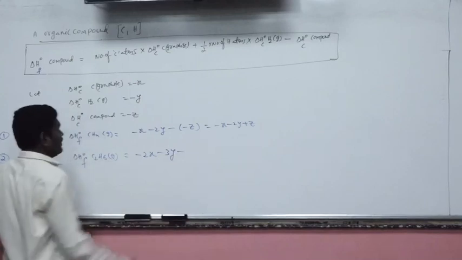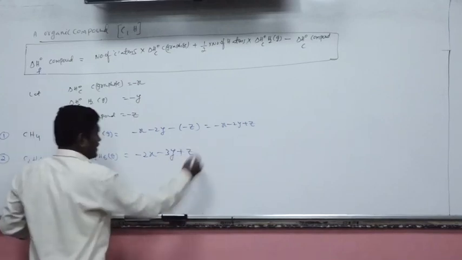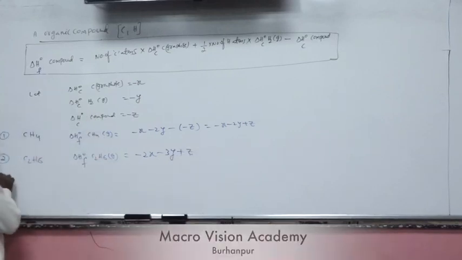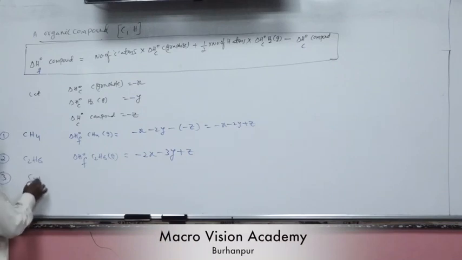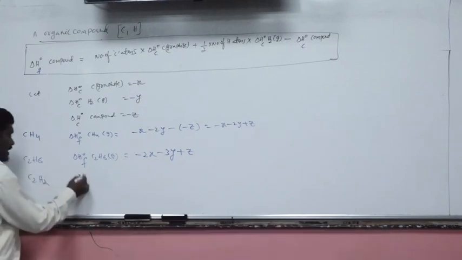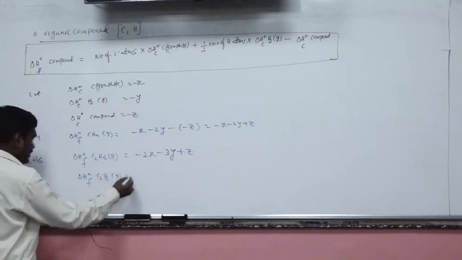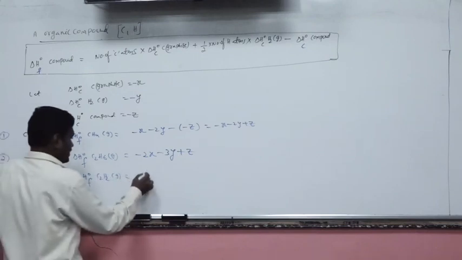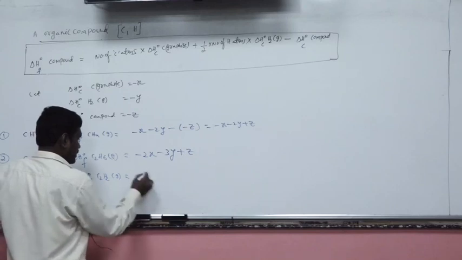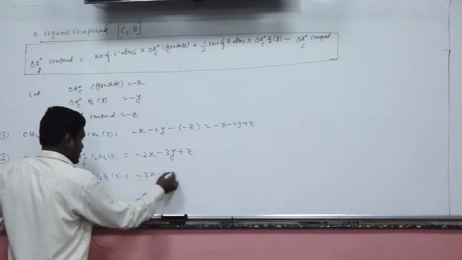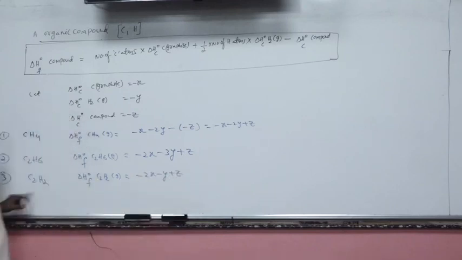Minus of minus, plus z. For acetylene, the standard enthalpy of formation is equal to minus 2x minus y plus z.